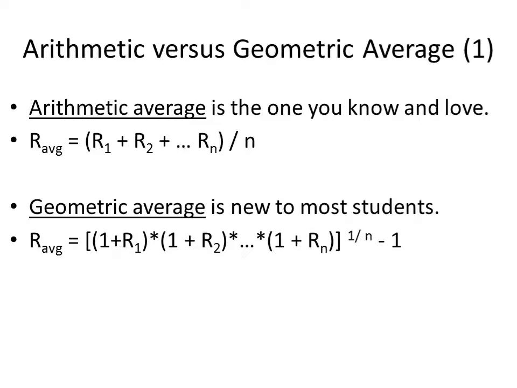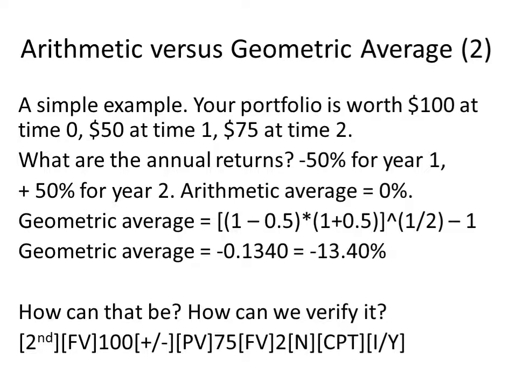Now, what is the purpose of the geometric average? Well, that's best demonstrated with an example. So here's that example. You have a portfolio that's worth $100 at time 0, $50 at time 1, and $75 at time 2.